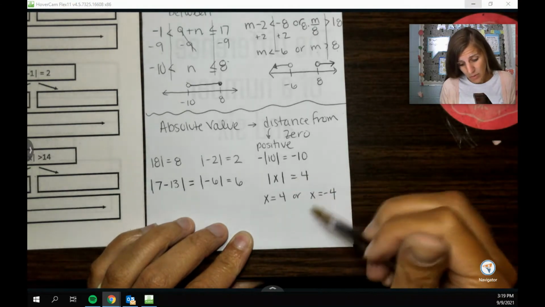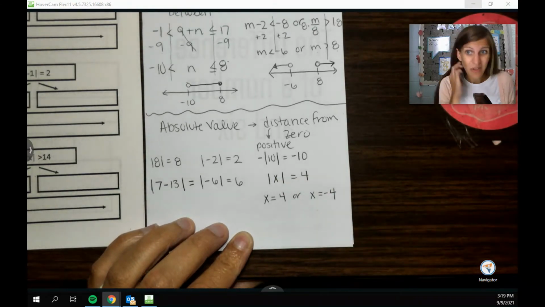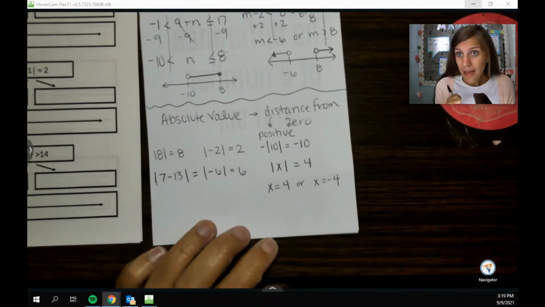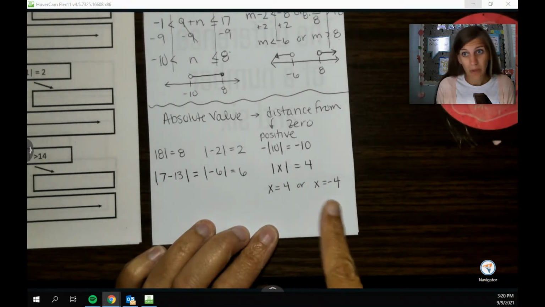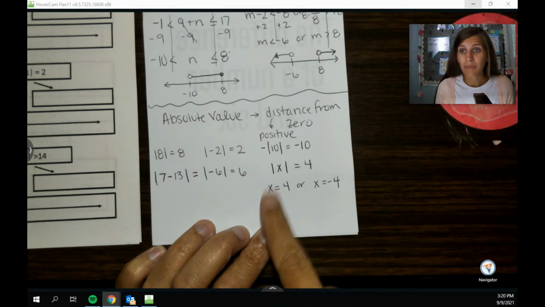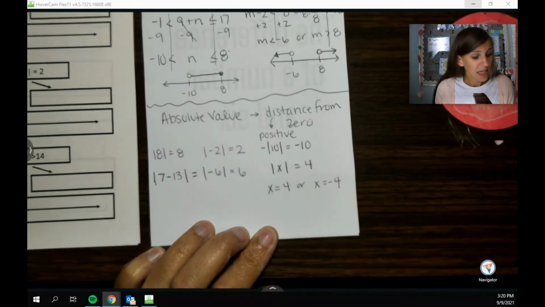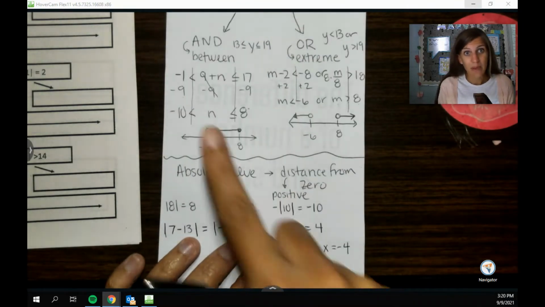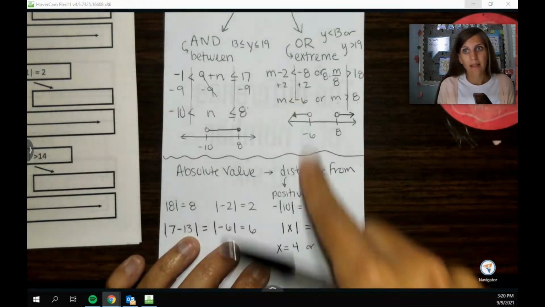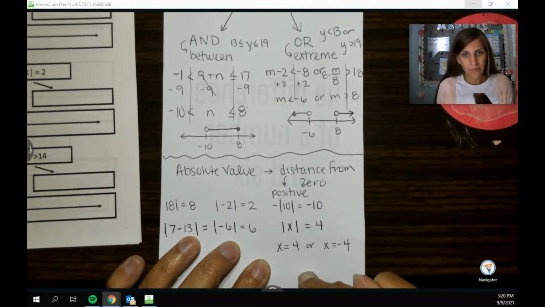Because the absolute value of 4 is 4, and the absolute value of -4 is also 4. So the unique thing about solving absolute values is we always end up with two answers. And when there's an inequality involved, we end up with an "and" or an "or" situation. So that's how this all relates.